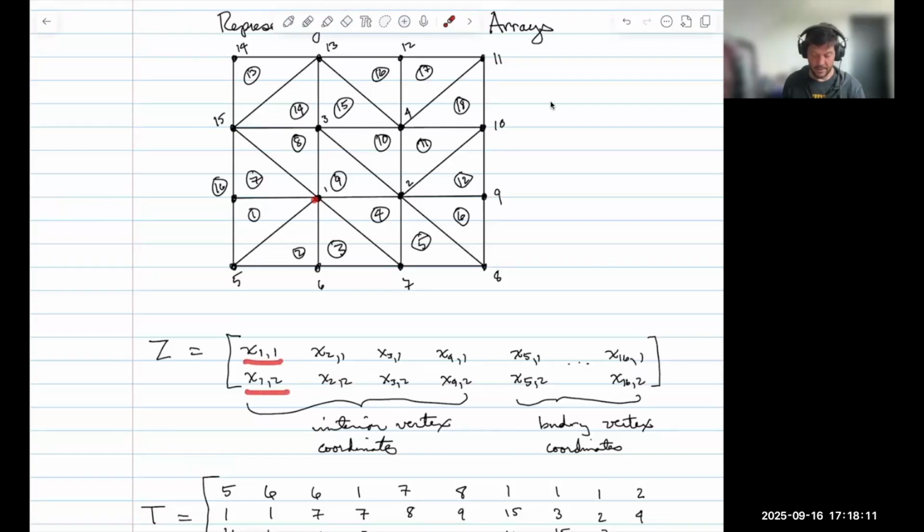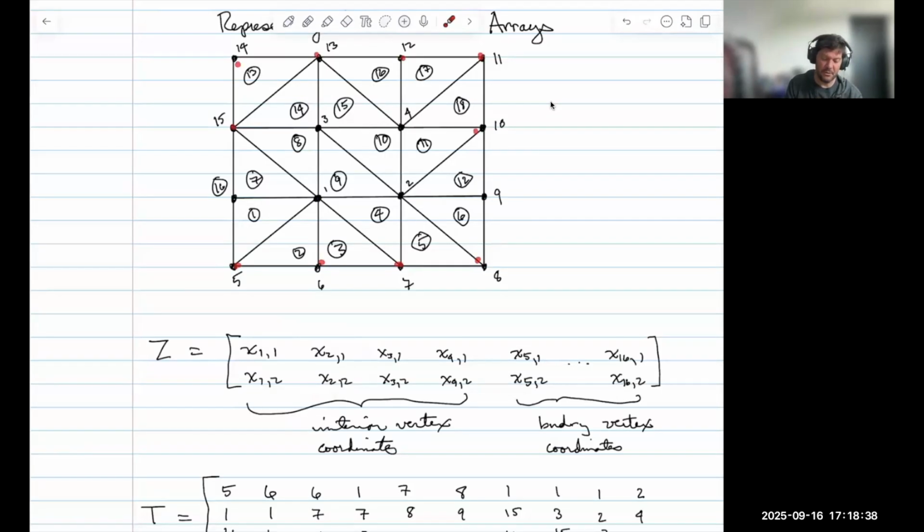There are the coordinates for node 1, for node 2, for node 3, and for node 4. So I'm going to cluster all the interior vertices first, and then I can cluster the boundary vertices next, and I'm just going to count those this way.